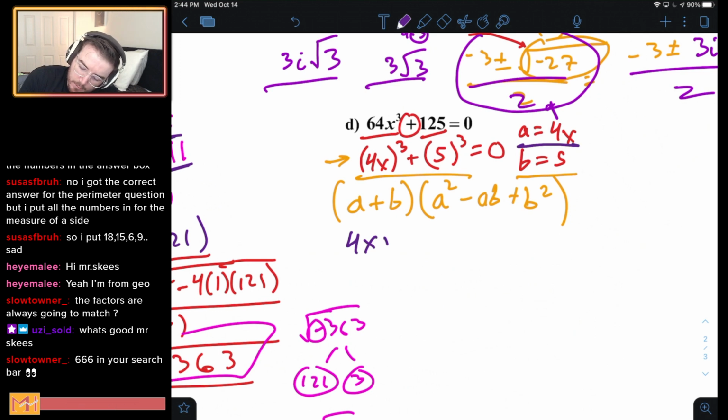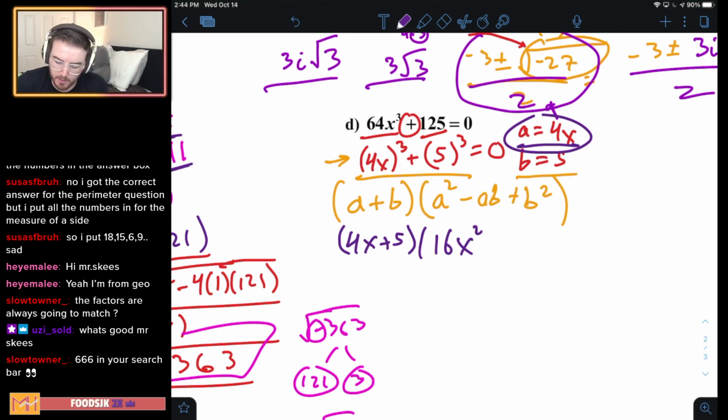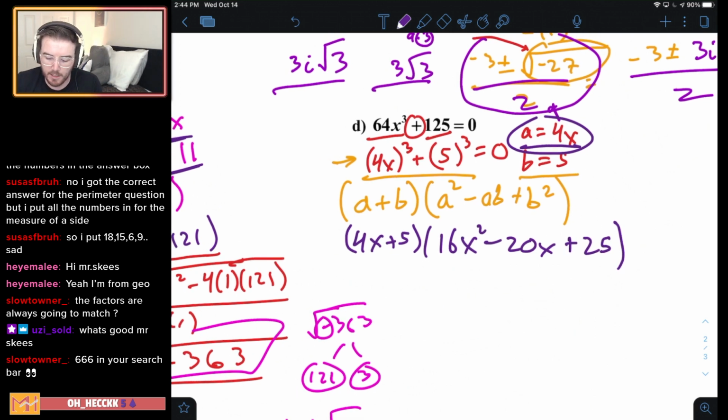4x plus 5 times a squared is 16, 4 squared, and so 16x squared, minus 4x times 5 is 20x, plus b squared, 5 squared is 25.